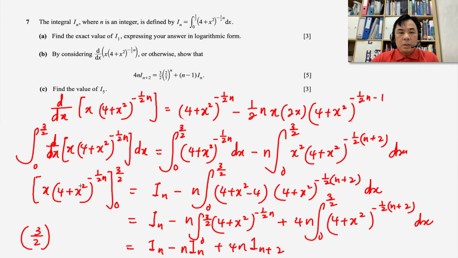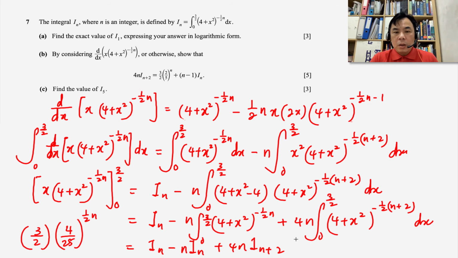So let me see here. There's 9 over 4, so it's 9 over 4. So 16 over 25, 4. So anyway, you can turn it upside down. 4 over 25, 1 over 2 I_n. Basically, this is how it looks like at this point in time.